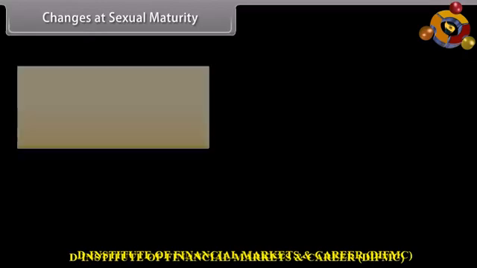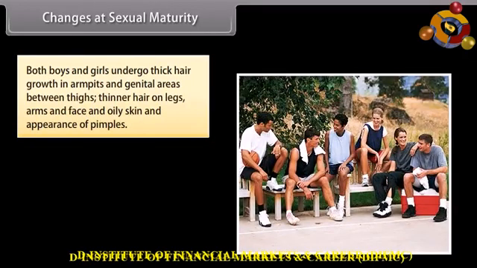Changes at sexual maturity. Both boys and girls undergo thick hair growth in armpits and genital areas between thighs, thinner hair on legs, arms and face, and oily skin and appearance of pimples.